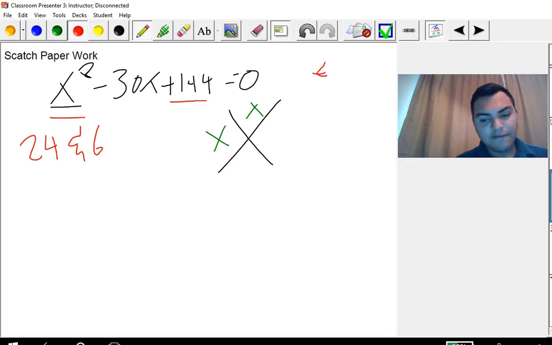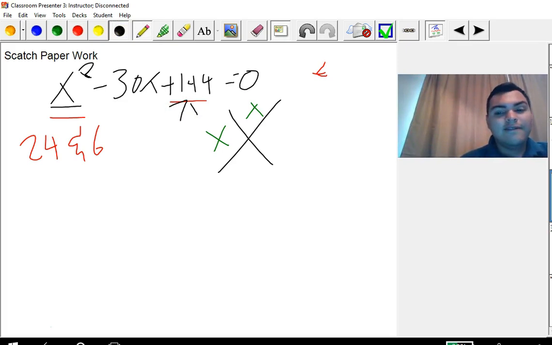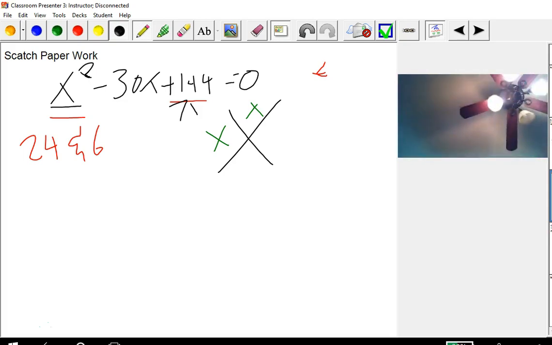So if you're trying to get the same thing, but this little thing right here is 225 instead of 144, 15 times 15 is 225, and I also know that they add up to 30. So it's also important to know your perfect squares and that kind of stuff. But anyway, back to it.